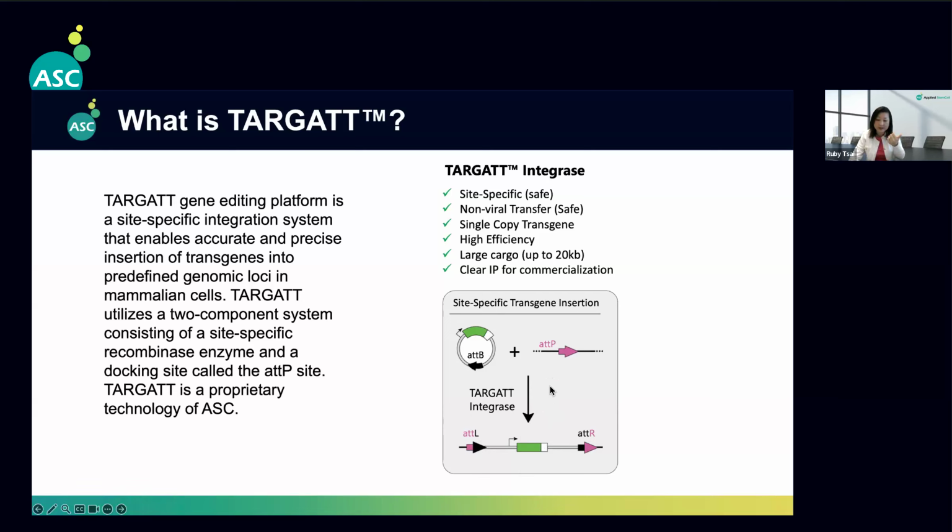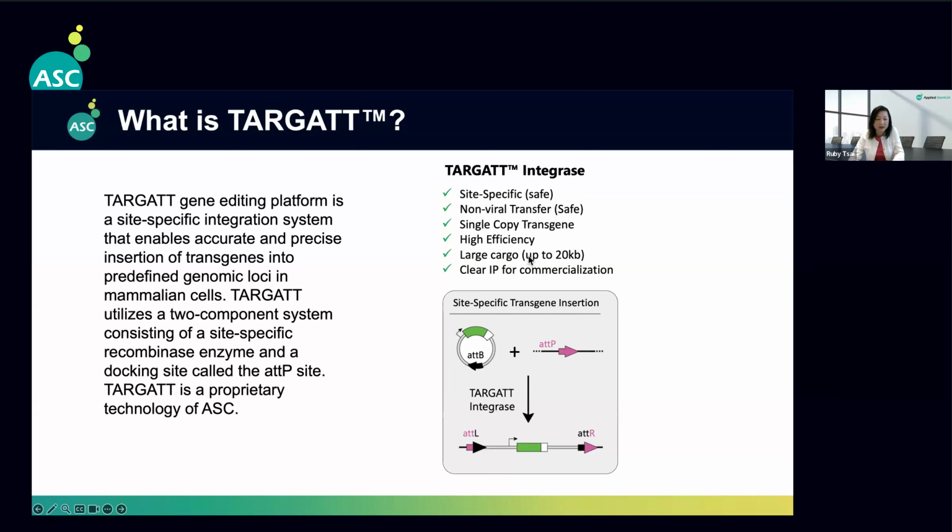And it's site-specific because it has to have landing pad recognition. And non-viral transfer, we use plasmid form, and high efficiency. Another very important feature of integrase is it can insert up to 20 kb fragments. This is not really the limit of the technology.